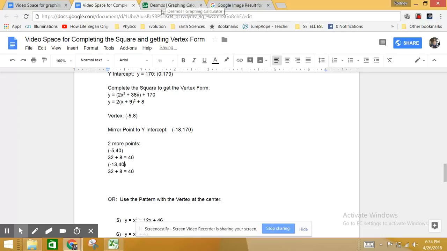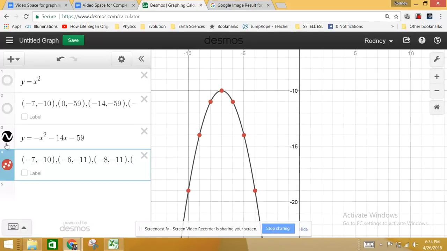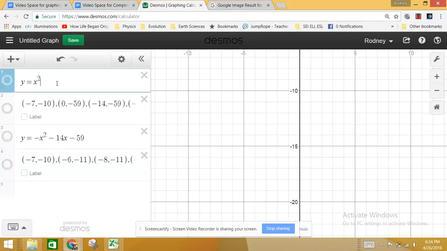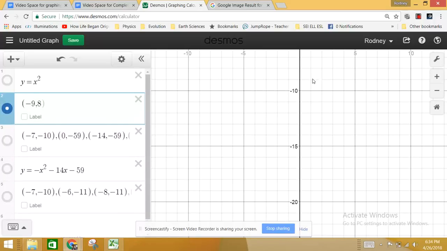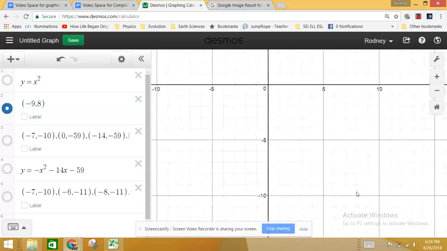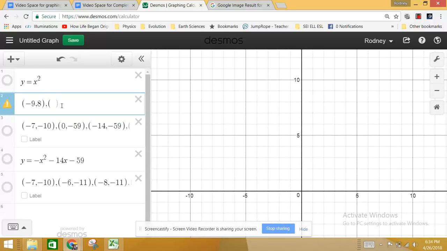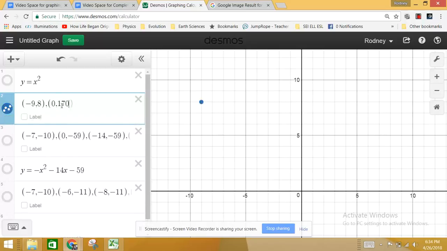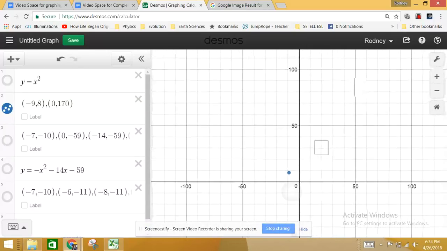Let's go ahead and plot all these points. We got a vertex at (-9, 8). Turn all this business off. We'll start here again. So we got a point at (-9, 8). Okay, and that's not currently visible. So I'm going to move it so it is (-9, 8). I know that I have a point at (0, 170). Can't see that one right now, so we'll shrink this so you can.